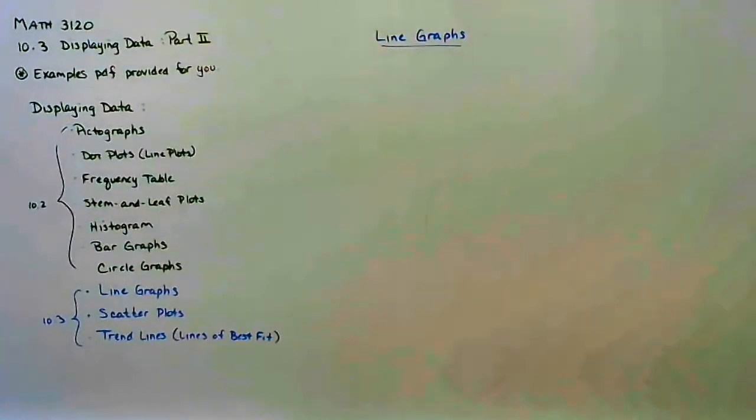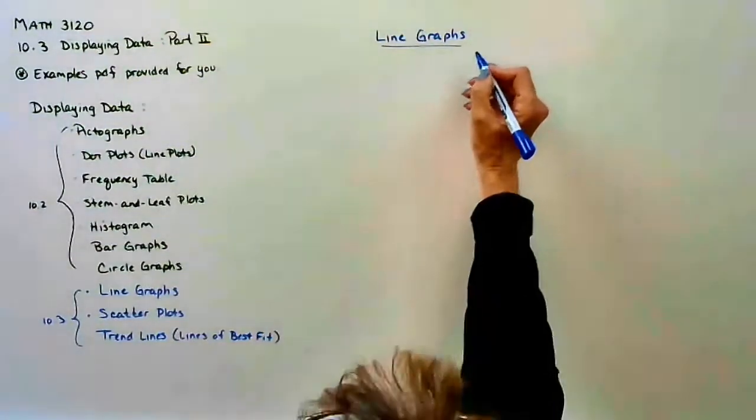Line graphs are used when you're talking about time. How tall are you as you grow up? So line graphs are used a lot in science. These tend to show a trend of a variable over time.